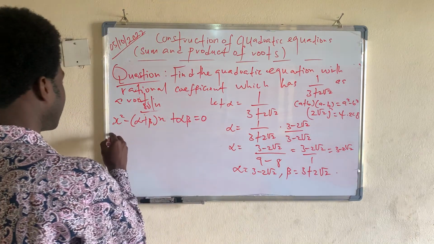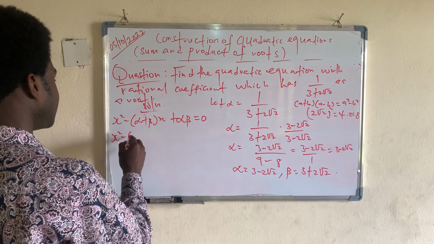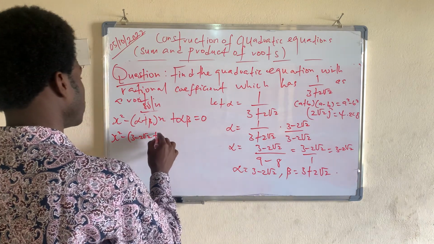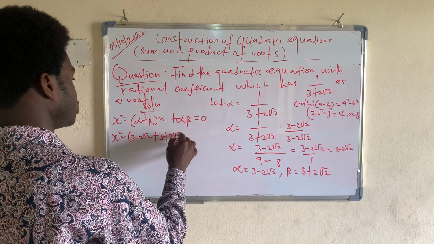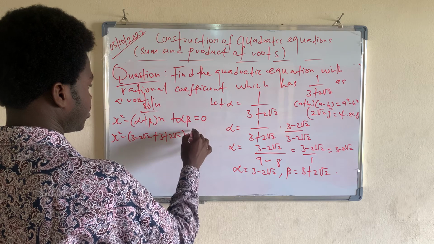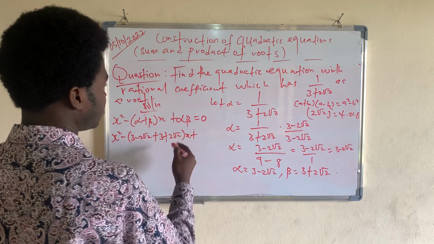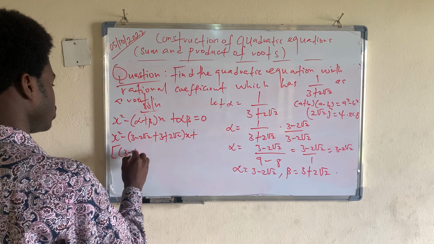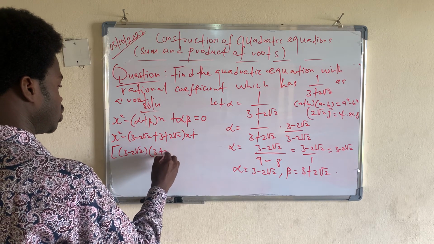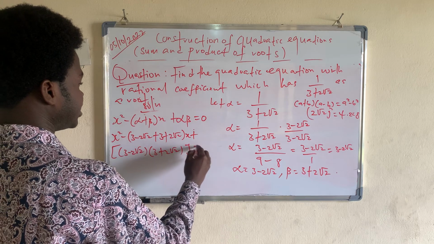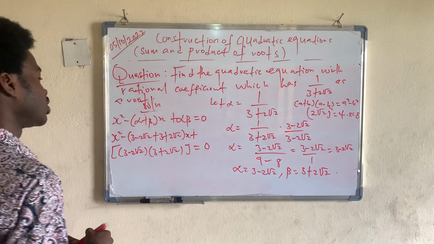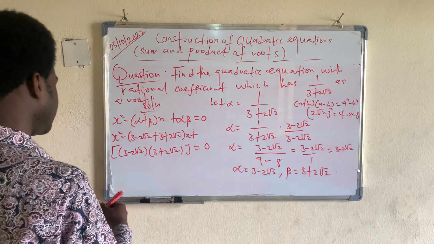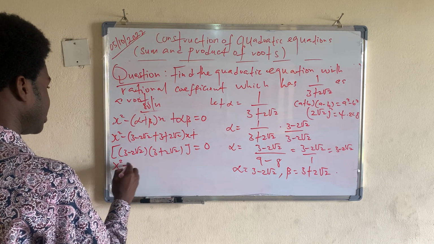So x² − [(3 − 2√2) + (3 + 2√2)]x + (3 − 2√2)(3 + 2√2) = 0. Now we just have to do the arithmetic here.